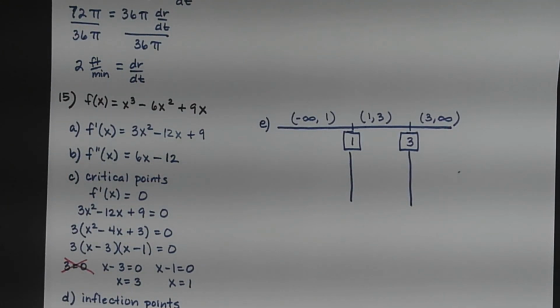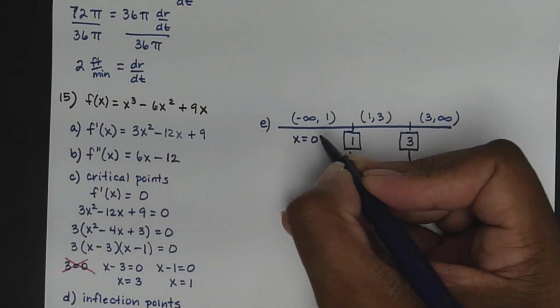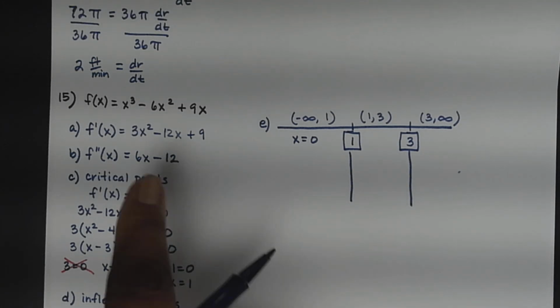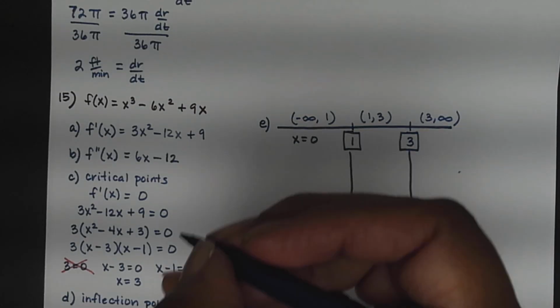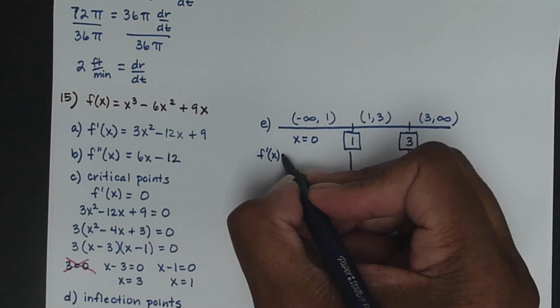Now here we're going to pick test values for each one of these intervals. So from negative infinity to 1, my good test value will be x equals 0. And I'm using the first derivative, which is 3x squared minus 12x plus 9. Substitute 0 in that f prime of x function.